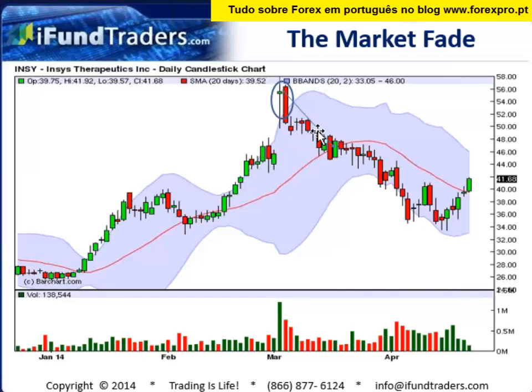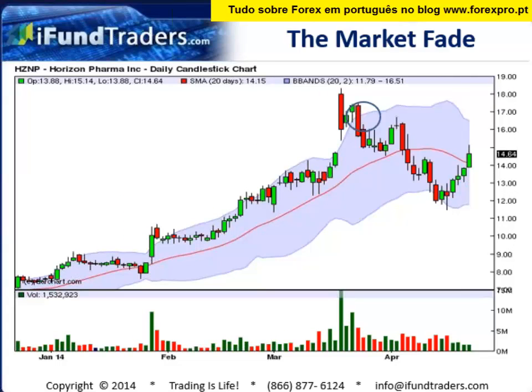So all we've done is, with the help of a technical indicator, help us to visually see when we are definitely far away from the 20, due for a snapback toward the mean. The 20-period moving average being the mean, M-E-A-N. All right?